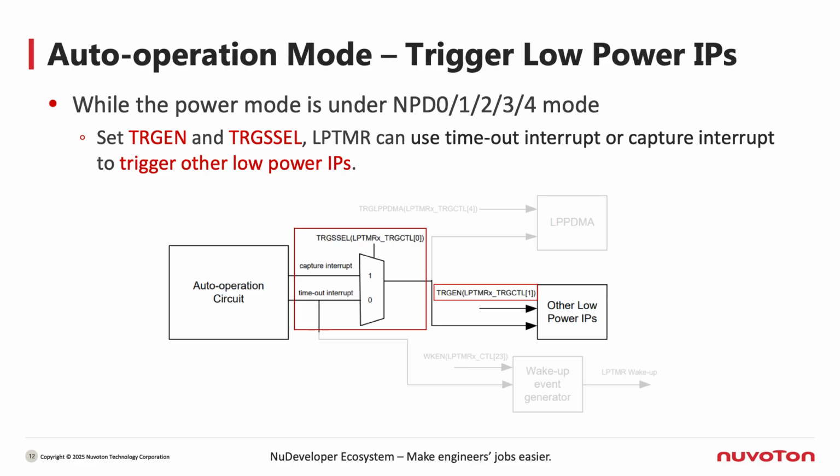If you want to use auto operation mode to trigger other low-power peripherals, you first need to configure 2 registers: trigger enable and trigger source select. Once these are set, you can choose to use either capture or timeout events to trigger other low-power peripherals, enabling automated operations without CPU intervention.